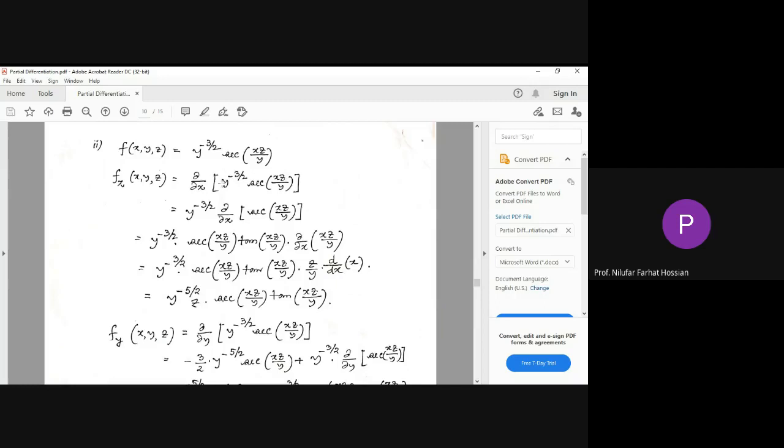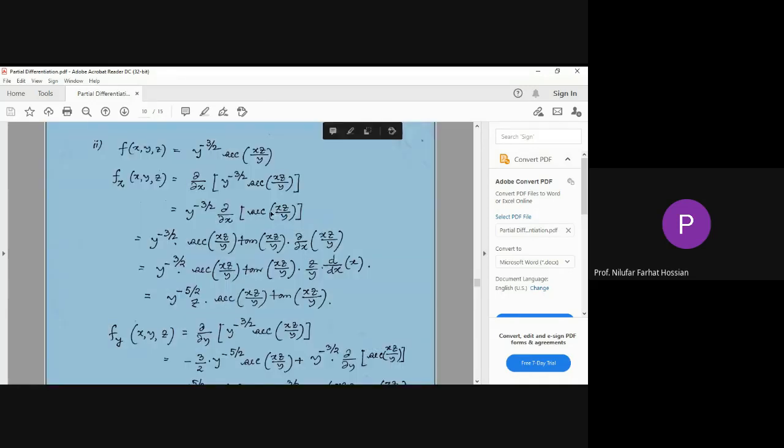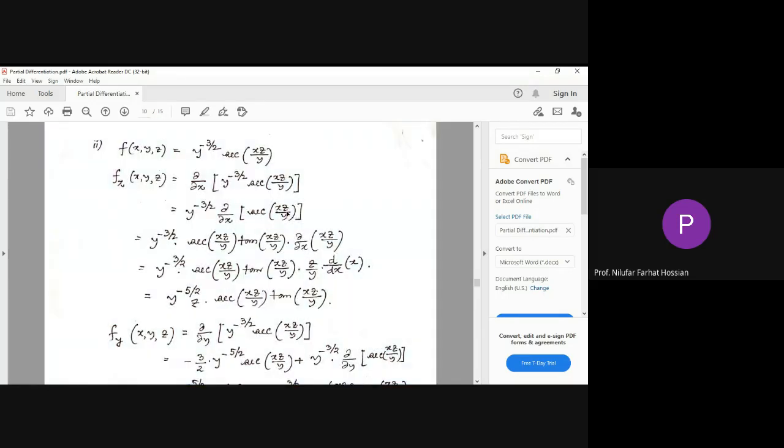So you can take this factor outside the derivative. So y to the power minus 3 by 2 into del x of this thing. So here, sec of something, this something should be treated as single x, because our partial derivative is with respect to x. So if it is sec x, it gives you sec x tan x. So this y to the power minus 3 by 2 sec x into tan x.